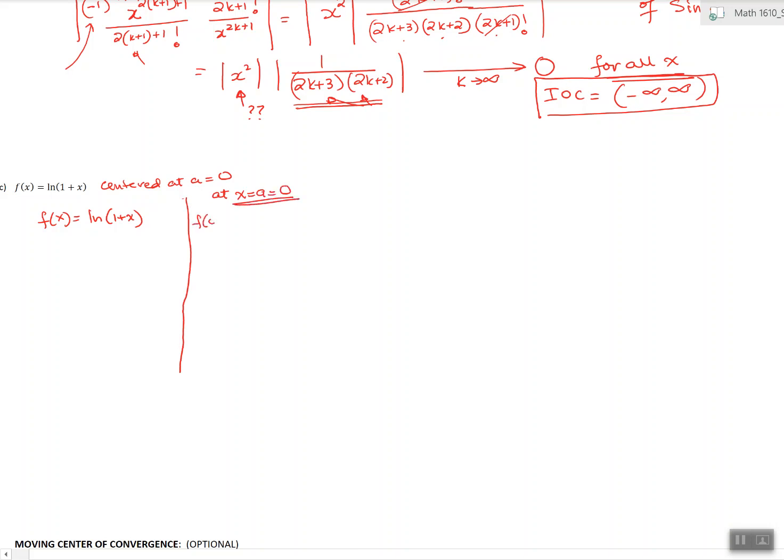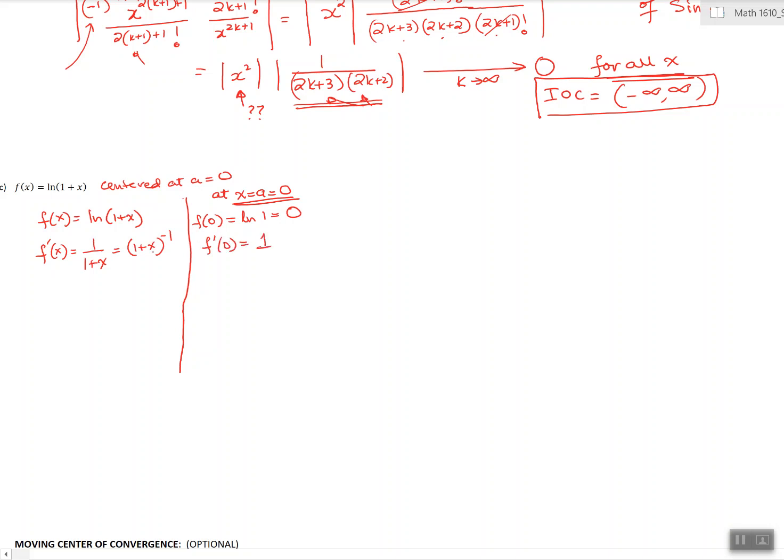So what is f of 0? That is ln of 1, which is 0. Then the derivative is 1 over 1 plus x, which I could write as 1 plus x raised to the power minus 1. So f prime at 0 would be 1.